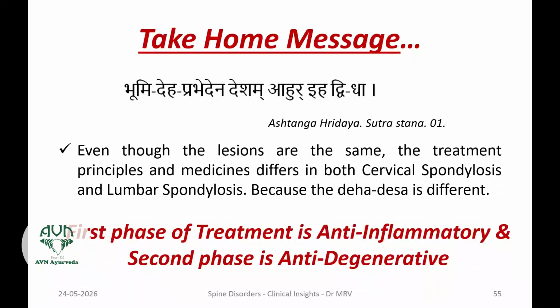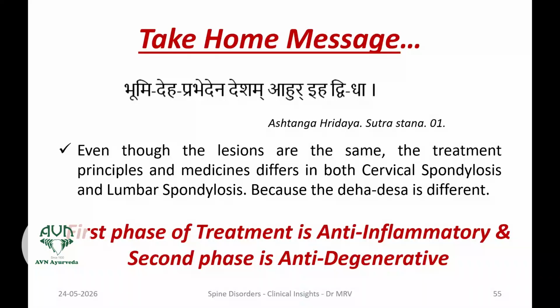See, here this sloka is very important in the case of cervical spondylosis and lumbar spondylosis, because we know that the same lesion is happening, but in different parts of the body. In cervical spondylosis, the upper part of the body is affected, which is a kaphasthana.